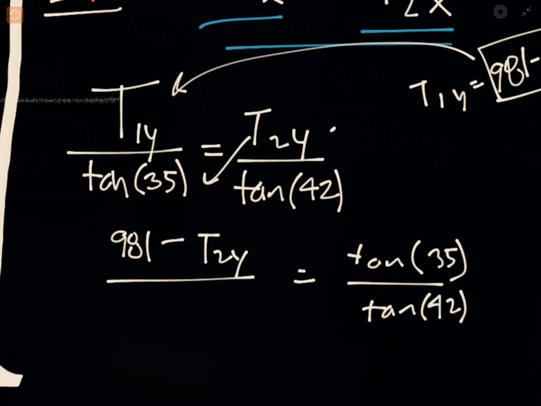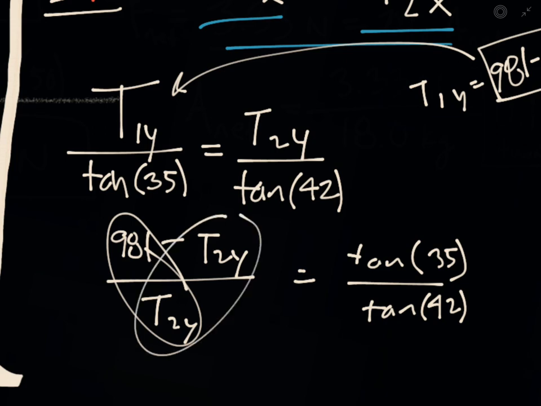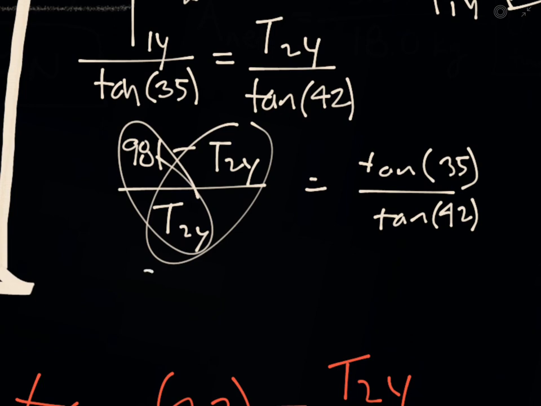Go ahead and erase those marks. So over t2y, right? So we can decompose that function. So we have this over, and that's 1. So we have negative 981 over t2y minus 1, because t2y over t2y is 1, equals the tangent of 35 over the tangent of 42.